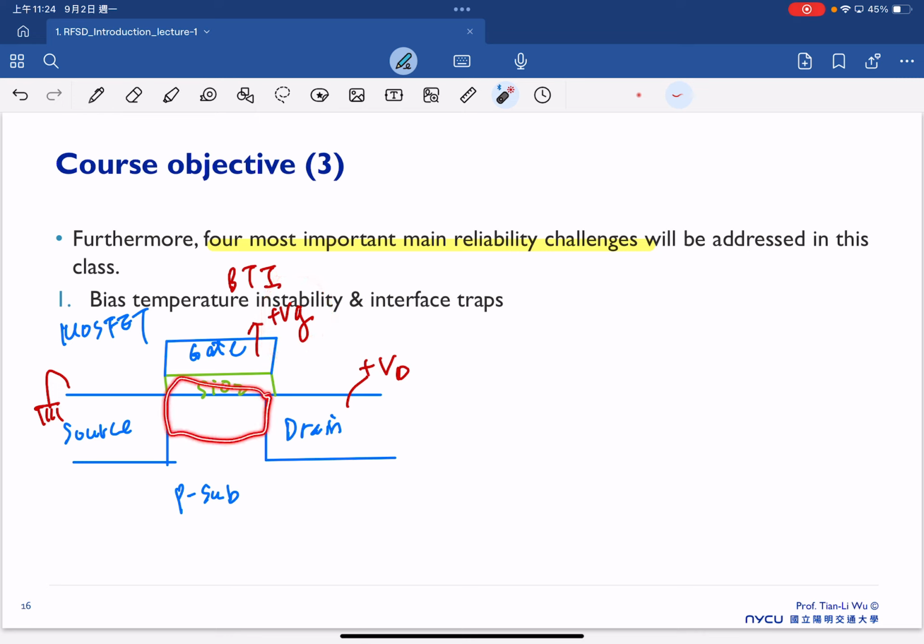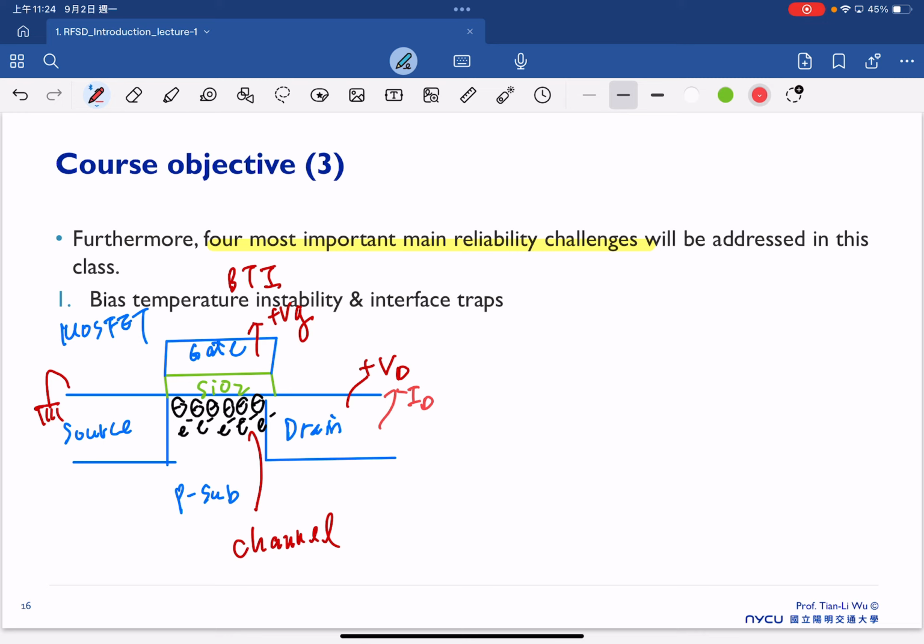This is the channel, and these are our electrons. Because we apply the drain bias on the drain side, the drain bias will start to attract electrons, so your electrons will move from left to right and become the drain current. So that's the idea of MOSFET operation.